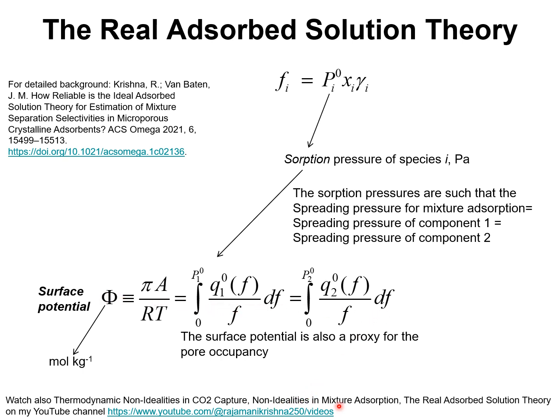For further details, I refer you to previous video presentations on the Ideal Adsorbed Solution Theory. So the sorption pressures and the surface potentials can be derived from data on the adsorbed phase mole fractions and partial fugacities in the bulk gas phase mixture.